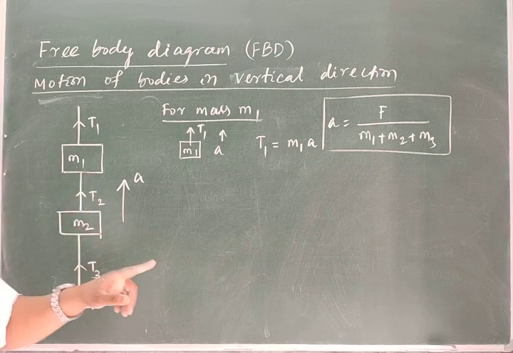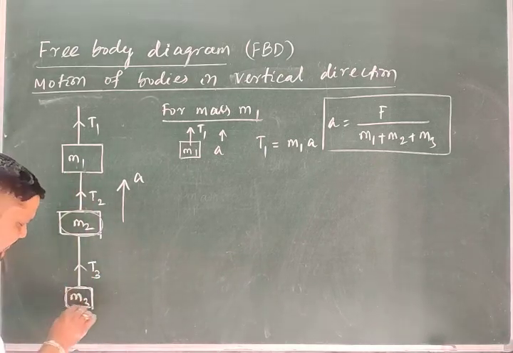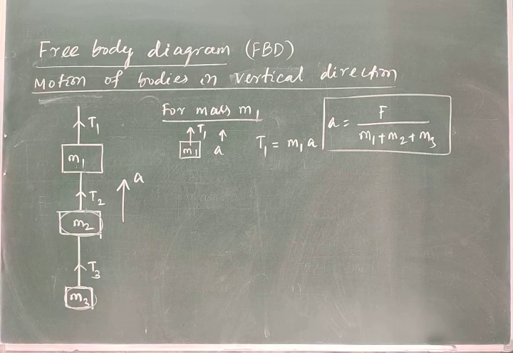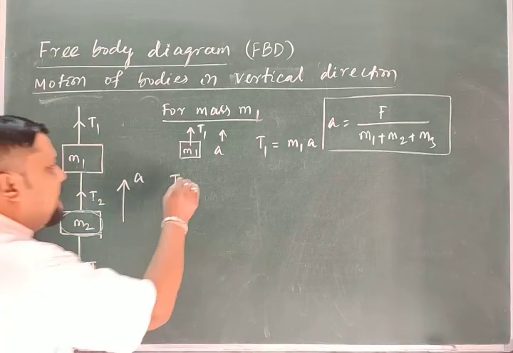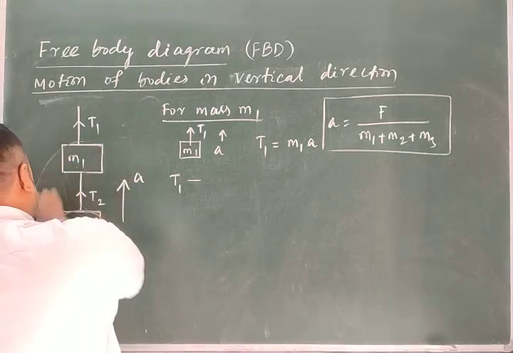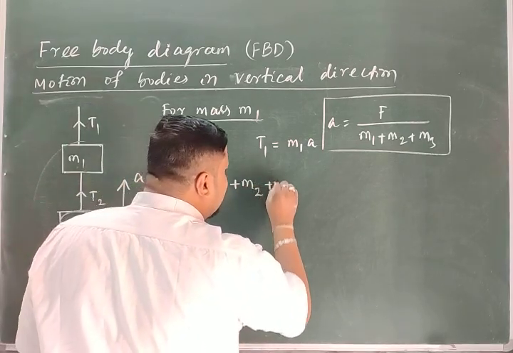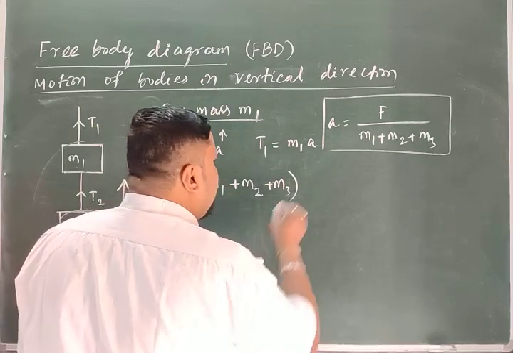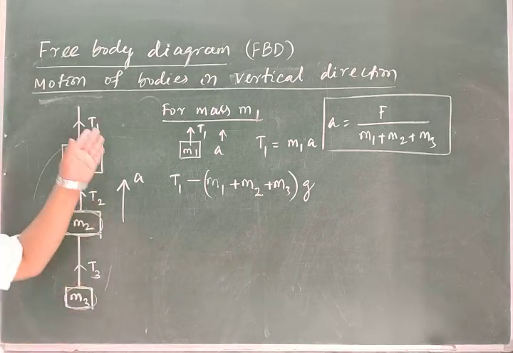M1 is there, but in addition to that, M2 is also connected to M1 and M3 is also connected to M1. So using Newton's second law, T1 minus, these all are connected, so consider this whole as a system, M1 plus M2 plus M3 into G, the whole weight, M1G, M2G, M3G all in the same direction.